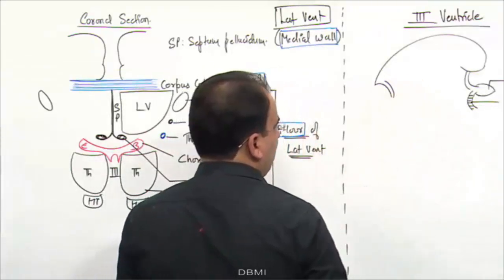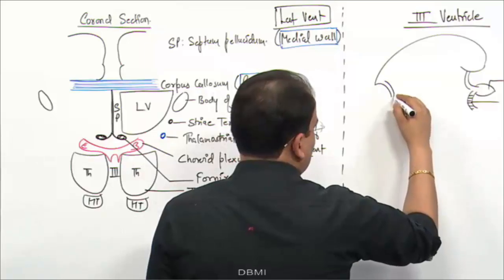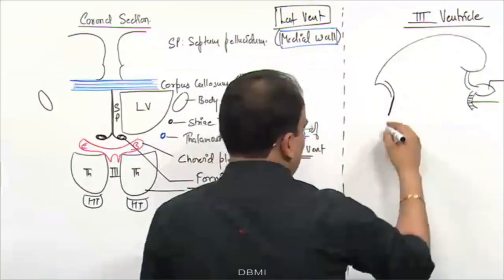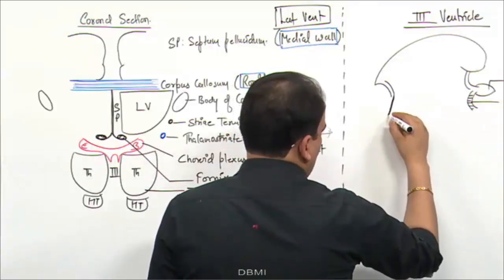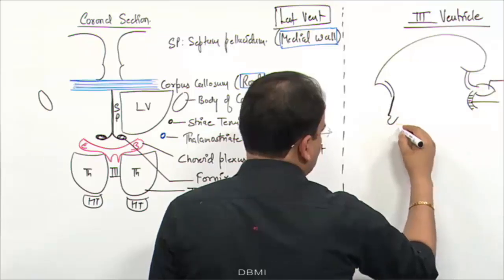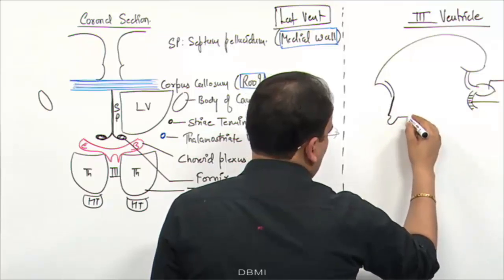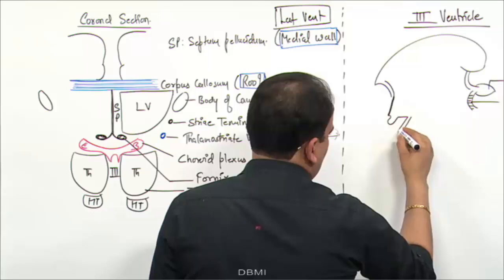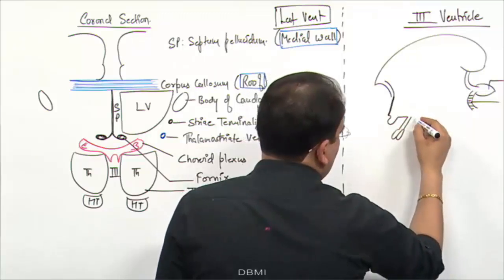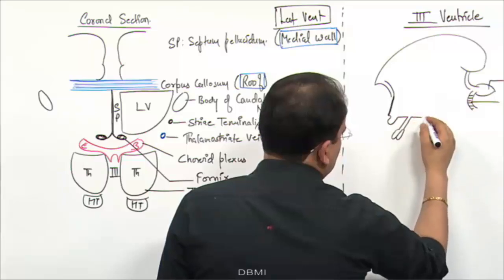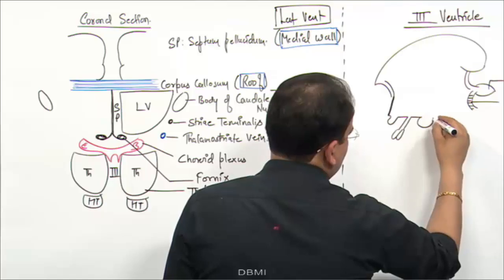This is the rostrum of corpus callosum. Below this we have lamina terminalis. Below lamina terminalis, you will find the optic chiasma, followed by the infundibulum of pituitary gland, followed by the mammillary body.